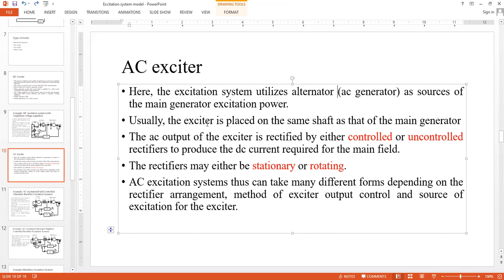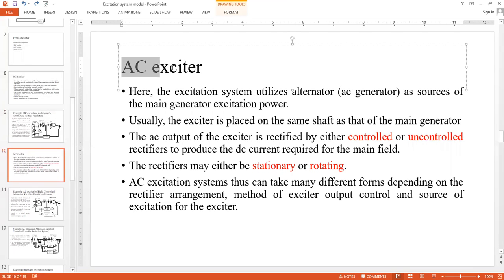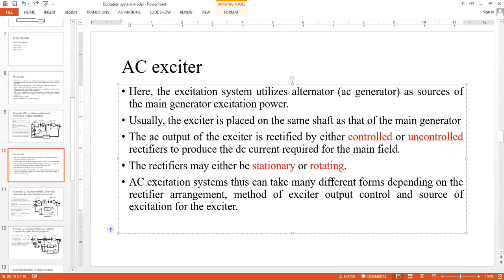Now again, what is the placement of exciter? Usually this is the case that the exciter is placed on the same shaft as that of the main generator. Now you are providing AC output from your main exciter, but as we told earlier, we need DC to excite our main generator field.